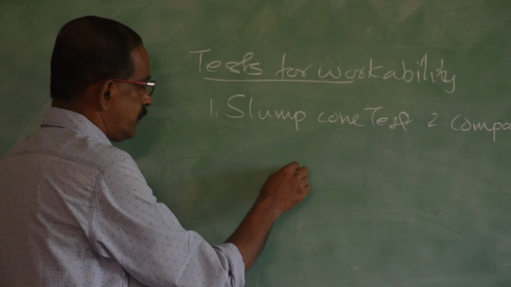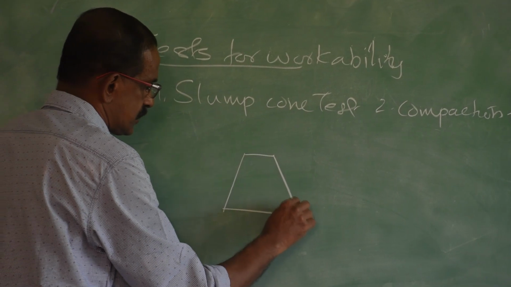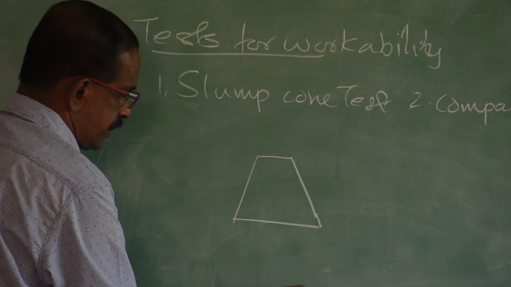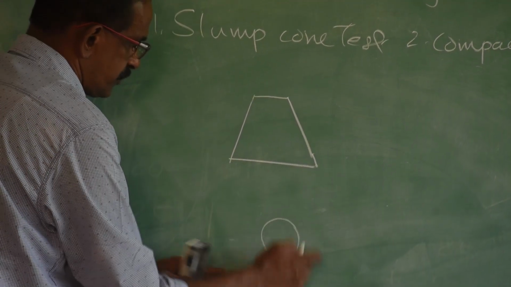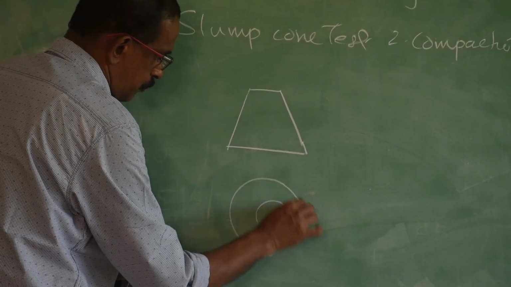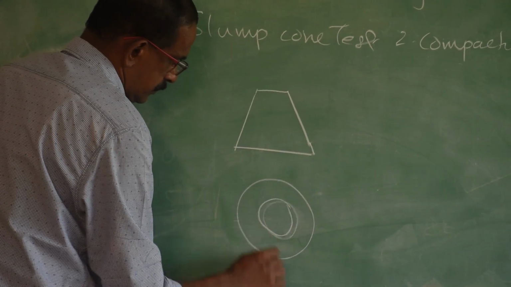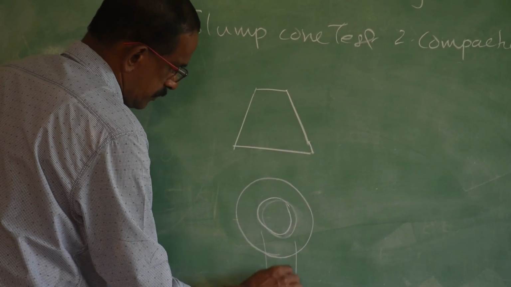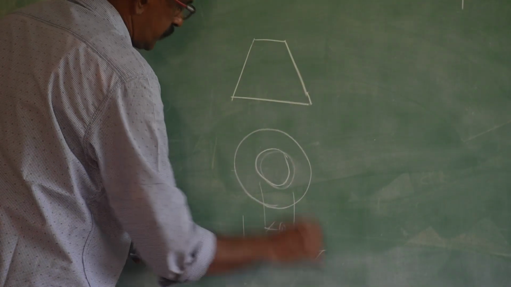The first test is carried out with the help of a cone called the slump cone, with a standard size. This is the top view, 10 centimeter diameter at the top, and this is the bottom opening, 20 centimeter diameter at the bottom.